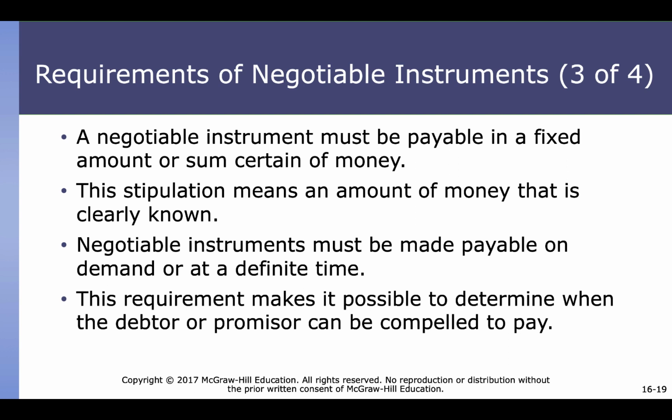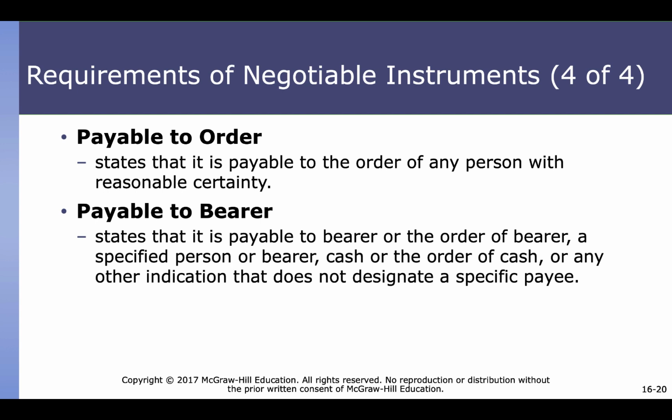So it must be clearly known what the recipient of this negotiable instrument is going to receive. And then it must be payable on demand or at a definite time. So on demand means I can receive payment whenever I want. A definite time says I know when I can receive payment. So in 60 days, after April 1st, something like that. So this makes it possible to determine when the debtor or promisor can be compelled to pay.